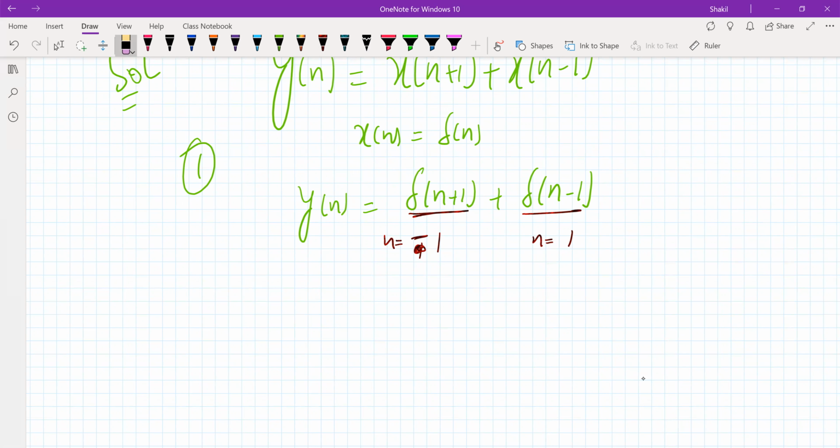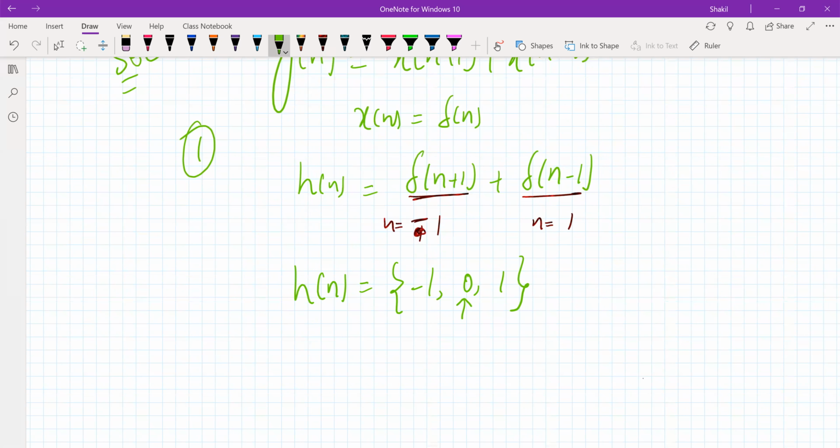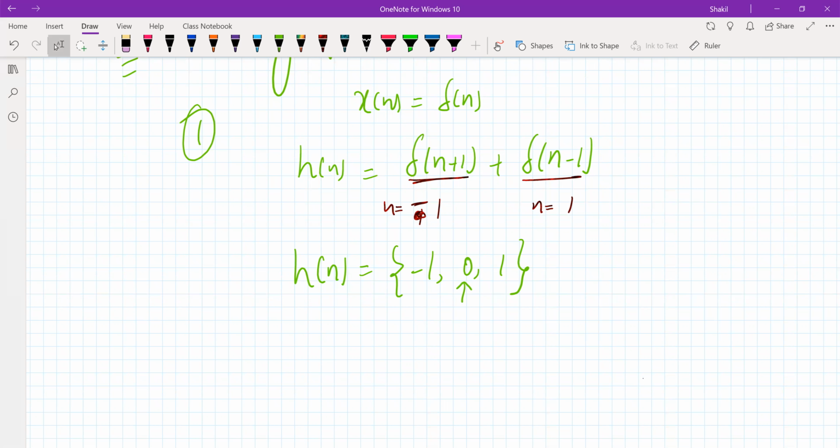This response is referred to as the impulse response, and we denote it by the special name h of n. So we can say h of n is non-zero only at minus 1 and 1, with 0 at n equal to 0. This is doing the computation in the time domain.